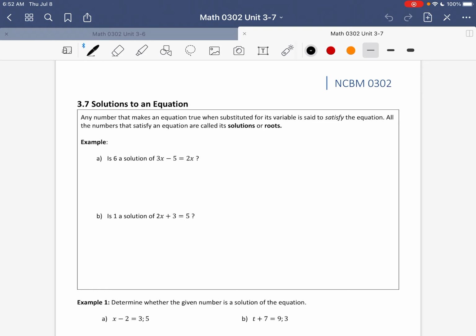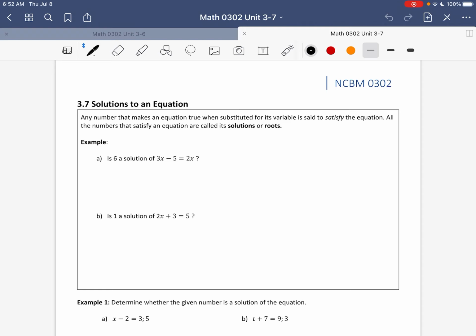What we want to do here is everywhere we see the variable x, we want to substitute in the 6, do the required arithmetic, and see if the left-hand side is equal to the right-hand side. That means to see if the numbers are the same on each side of the equal sign.